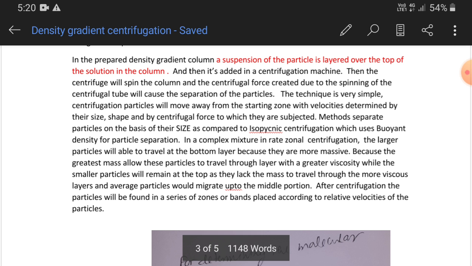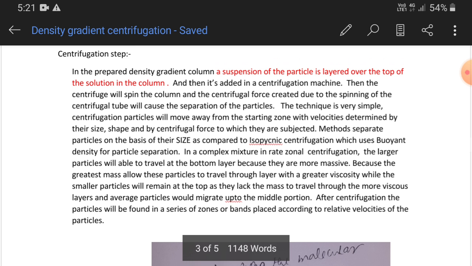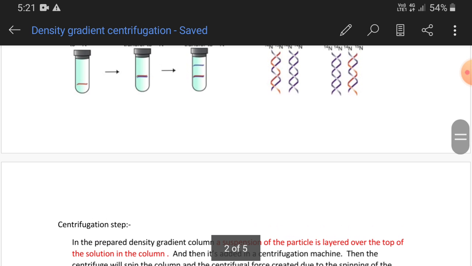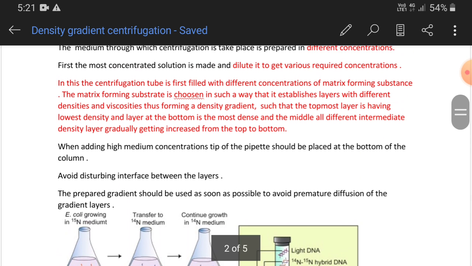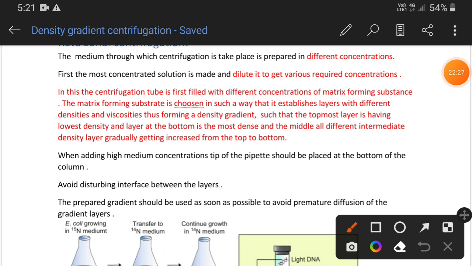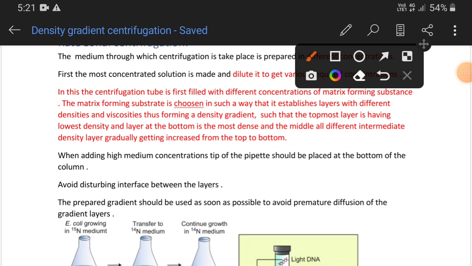And the last important thing you need to keep in your mind is that in rate zonal centrifugation, the prepared gradient should be used as soon as possible to prevent the premature diffusion of the gradient layers, okay.